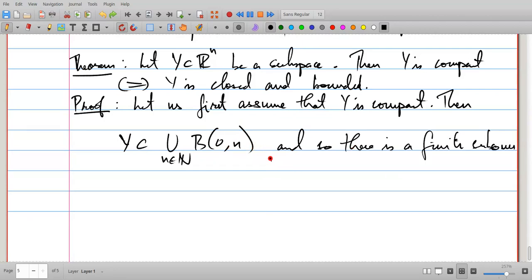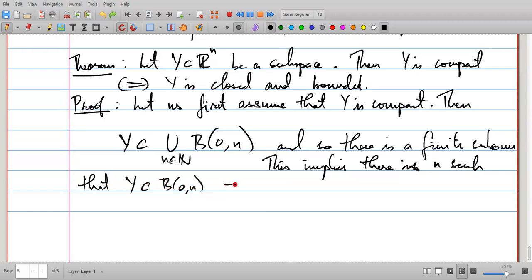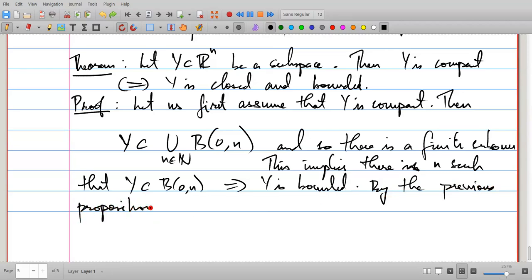So this implies there is n such that Y is contained in B(0,n). So this implies Y is bounded. And by the previous proposition, Y is closed.